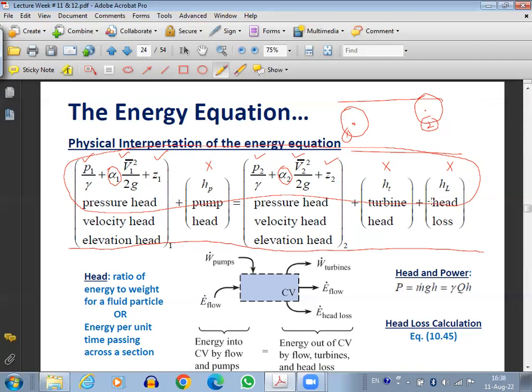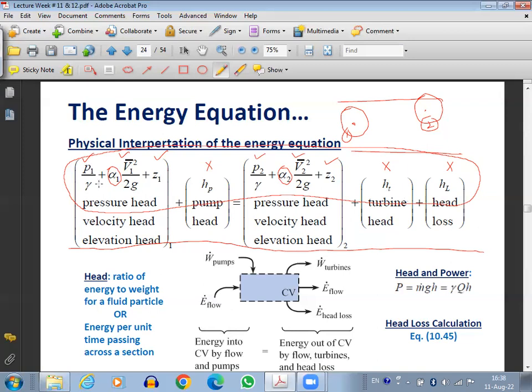Head loss will always be on the side of the losses. So head loss is the energy removed from the fluid because of the viscous effects as the fluid moves from 1 to 2.